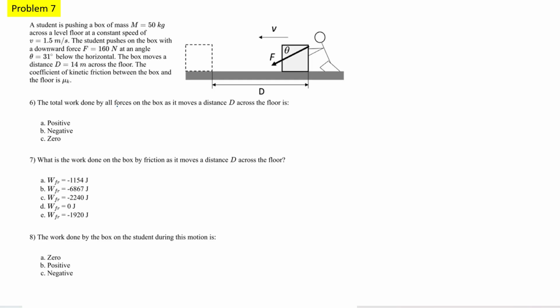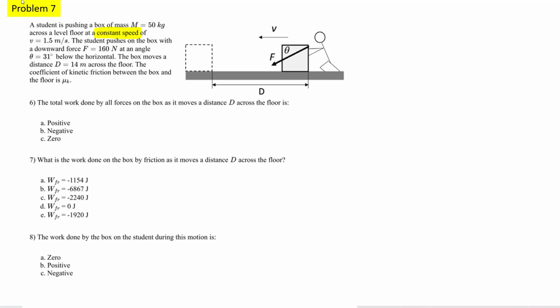All right, here's problem 7. It says a student is pushing a box of mass 50 kg across a level floor at a constant speed of 1.5 meters per second. The student pushes on the box with a downward force of 160 newtons at an angle of 31 degrees below the horizontal. The box moves a distance of 14 meters across the floor.